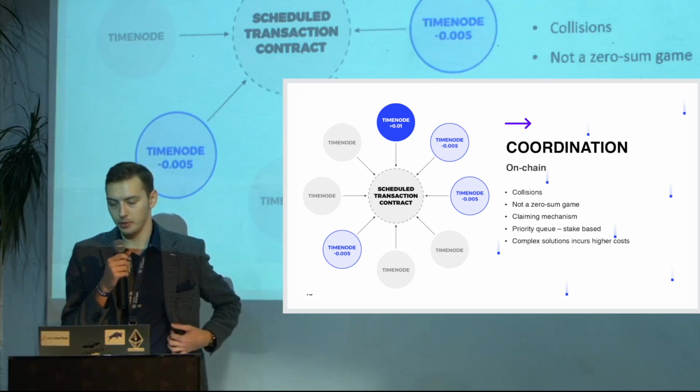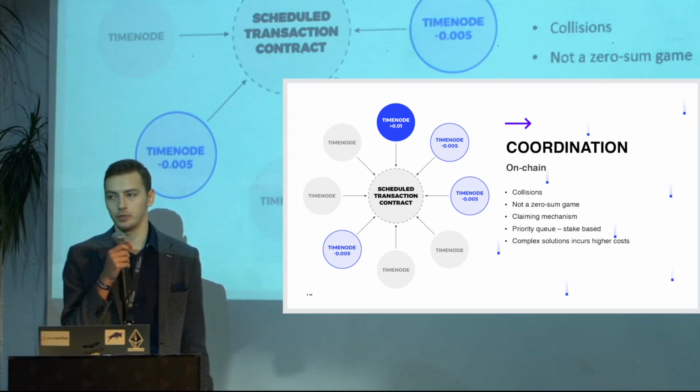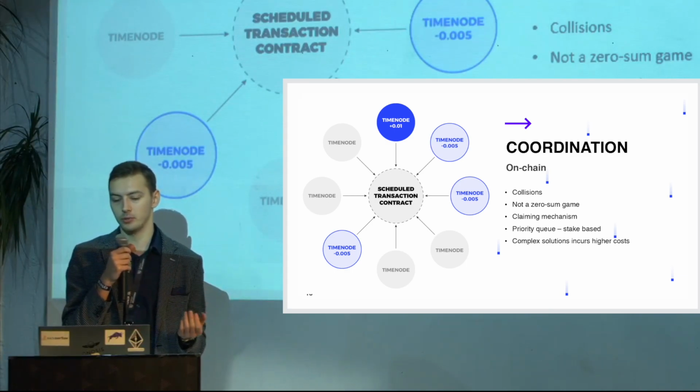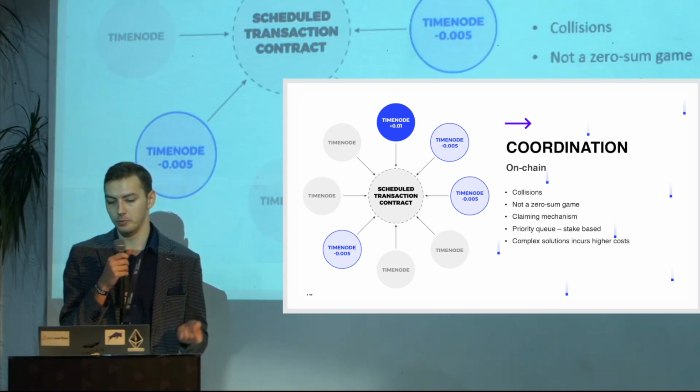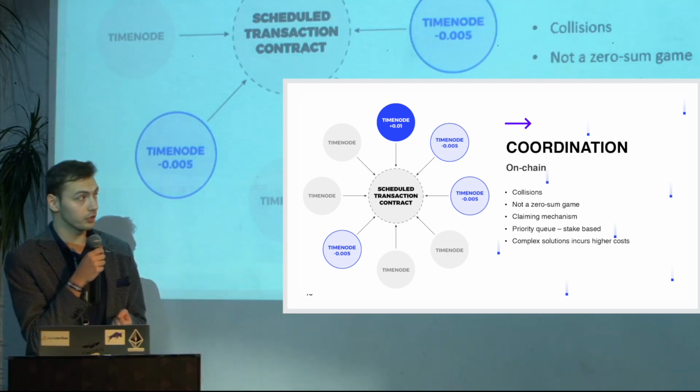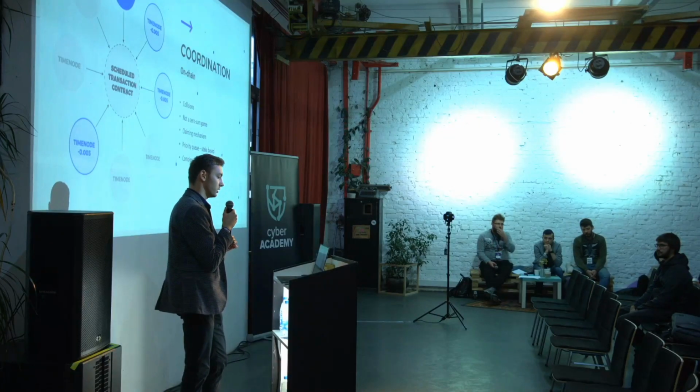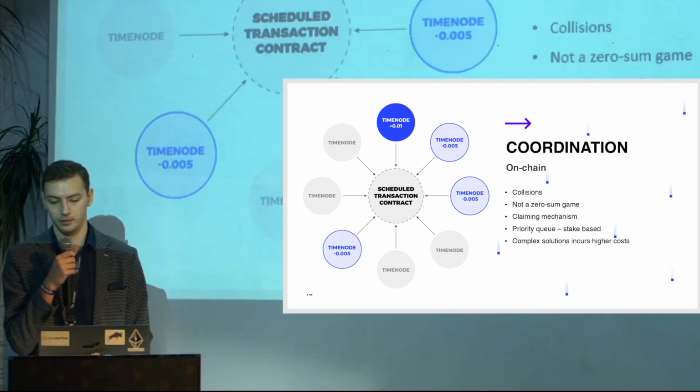Currently I think we came to the conclusion that we would need to build our own consensus between the executing agents on who's going to execute the transaction when we were building the second version of the protocol, but definitely coordination is needed. We also had implementations of a priority queue, stake-based on chain, but it's very costly. It's a lot of mathematics going on there, so not the perfect solution.